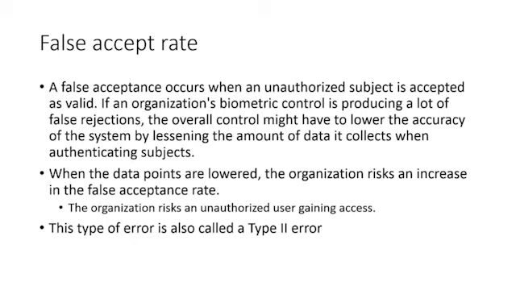Now, sometimes this can happen because of the rejection rate. People are just getting frustrated. They're frustrated, they're complaining. Your system's not working. I'm trying to get into the door. It won't let me. Or I can't get into my computer because every time I scan, it's so cold in the building because you turn the air down so much, it doesn't recognize my fingerprint scan anymore.